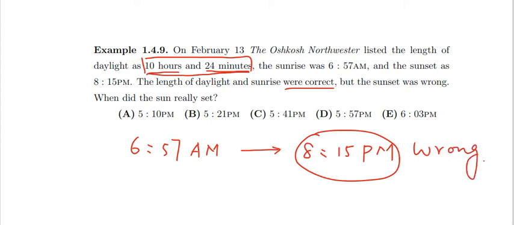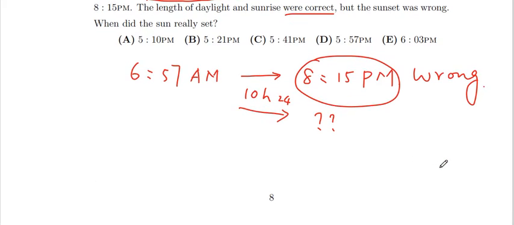So we want to find the correct time for sunset. From here, add 10 hours and 24 minutes. We can regard this as addition of time. So let's say we regard 6:57 as 7 o'clock.